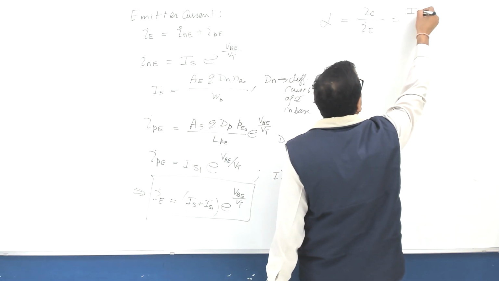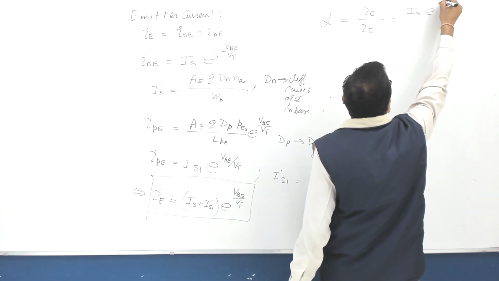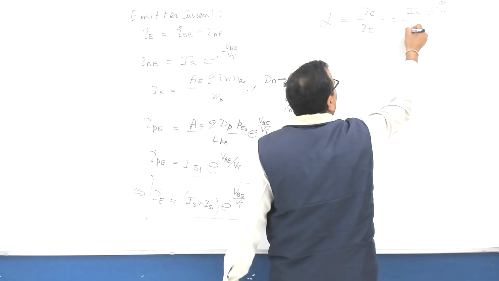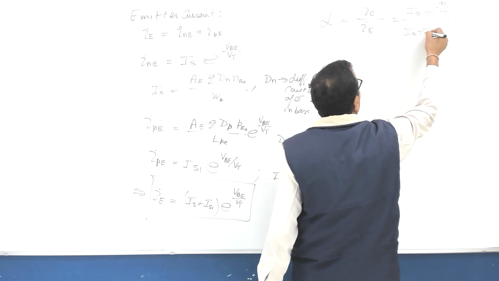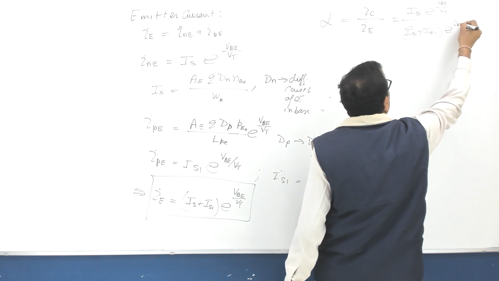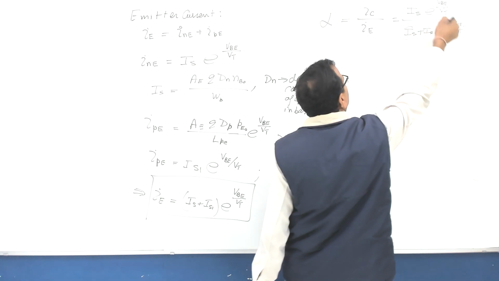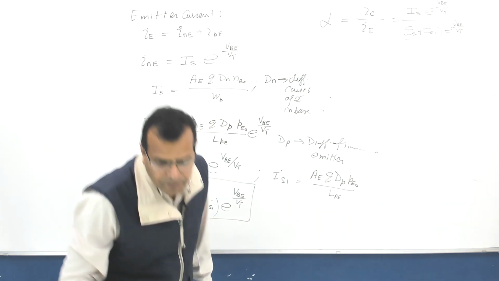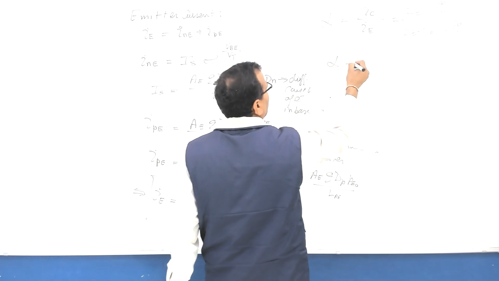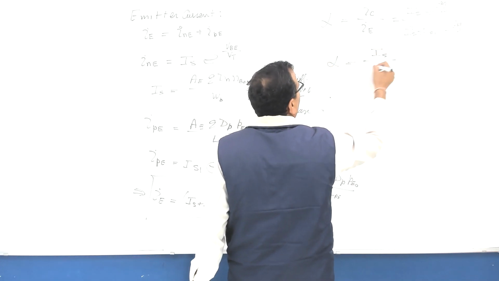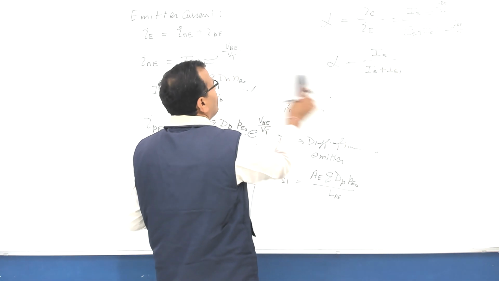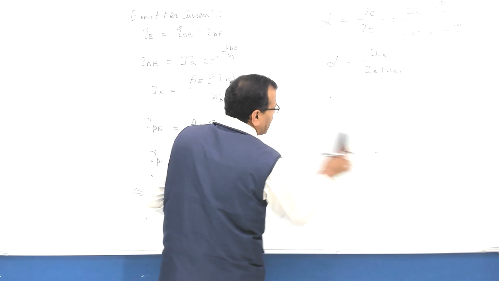That is Is into e raised to power VBE by VT divided by Is plus Is1 into e raised to power VBE by VT. This factor is common on both sides. So this gives alpha equal to Is by Is plus Is1. That is common base current gain.